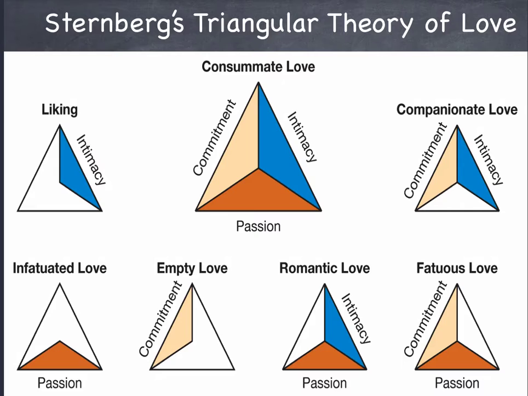Then there is infatuated love, and this is on the bottom left. This is where there's only passion. It's love at first sight, and it can disappear quickly. Once the newness of that relationship wears off, there isn't any commitment and there isn't any intimacy. Then there is empty love, which is at the bottom there.